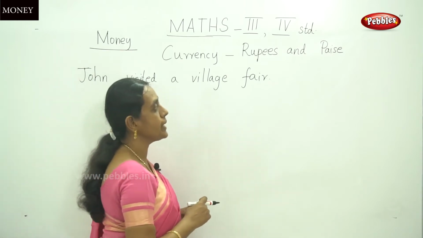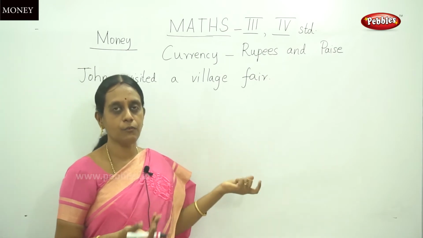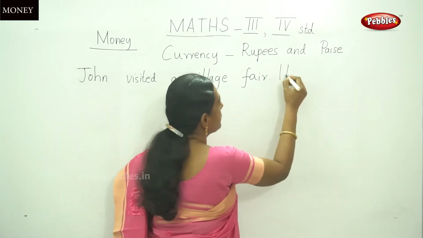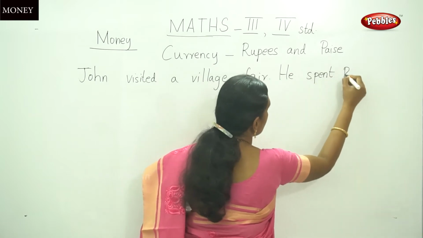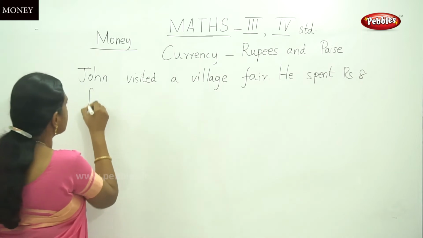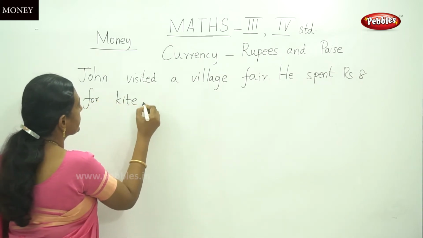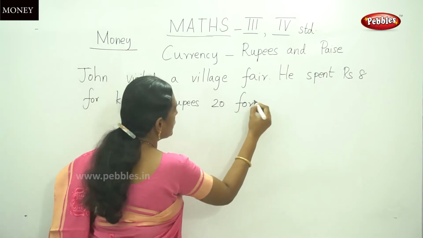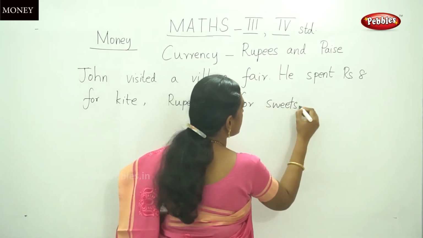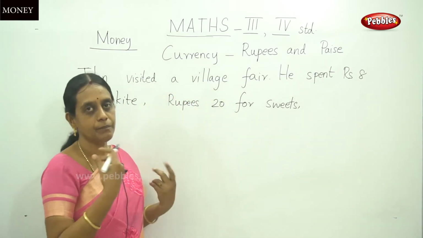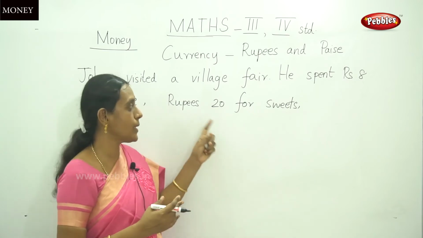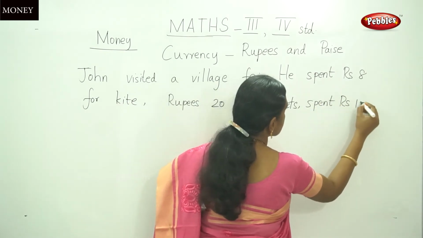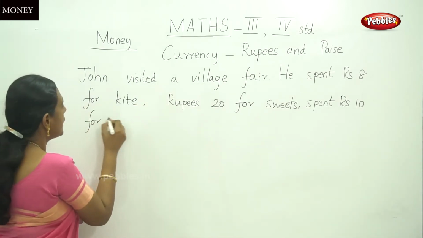First he spent rupees 8 for a kite, and rupees 20 for sweets, because he loved sweets, and rupees 10 for balloons.